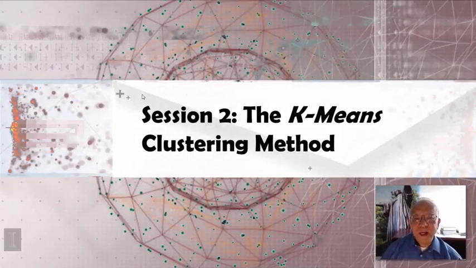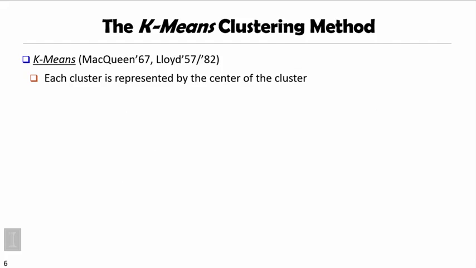In this session, we're going to introduce the most popular clustering method, the k-means clustering method. You may wonder who first proposed it. Some people refer to McQueen because he published a paper on the k-means clustering algorithm in 1967.